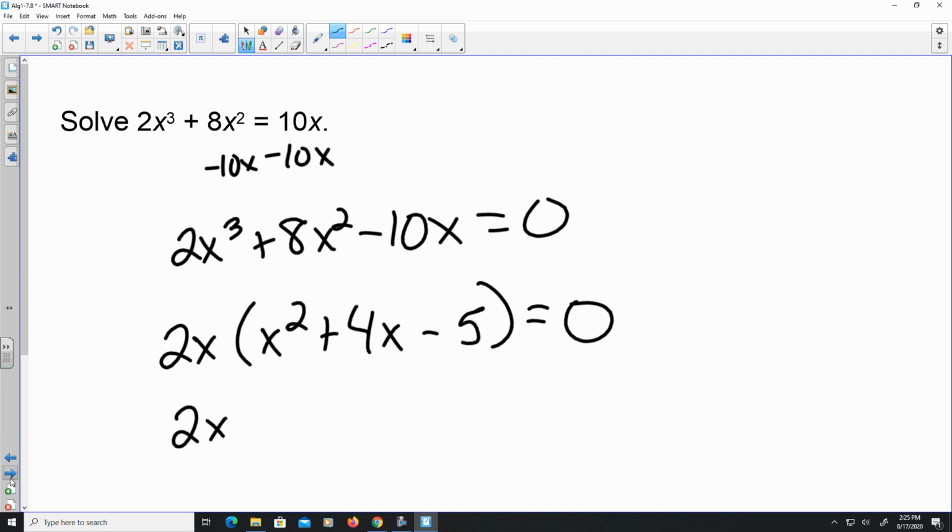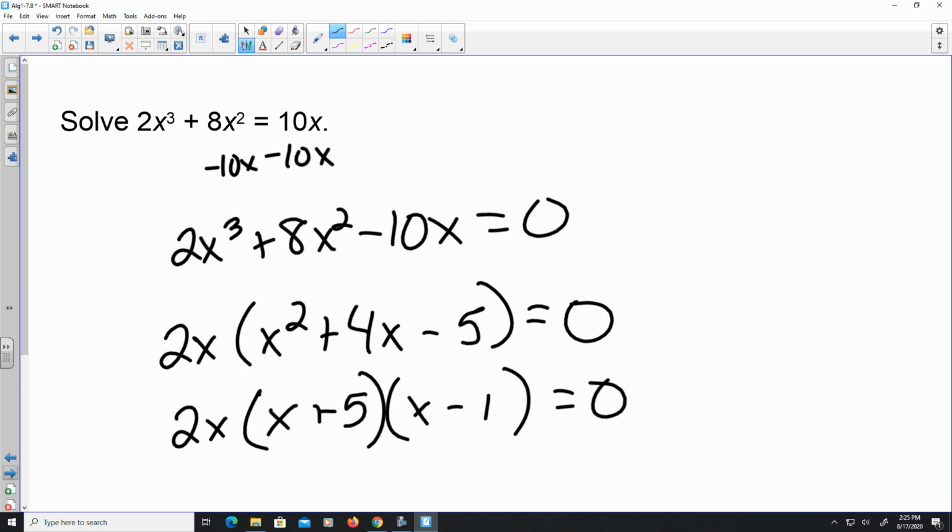So I've got my 2x. Let's see if I can factor this one out, unlike the other one. So this is x and x, different signs, larger numbers attached to the plus, two values give me a product of 5. Difference is 4, which would be 5 and 1, because 5 times 1 is 5, and 5 minus 1 is 4.